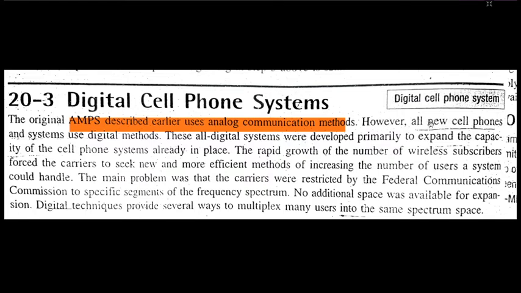So with this we begin how all the digital systems were developed, primarily to expand the capacity of the cell phone system, which is already in place and in use. The rapid growth in the number of subscribers or users forced technology to switch from an analog system to a digital system, and digital systems have many advantages.